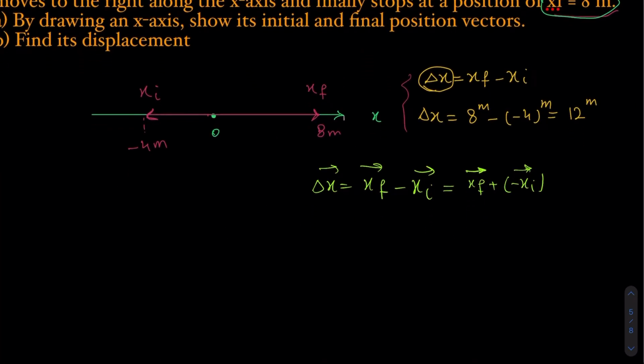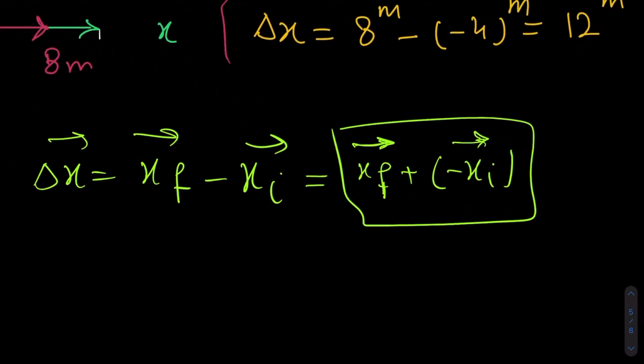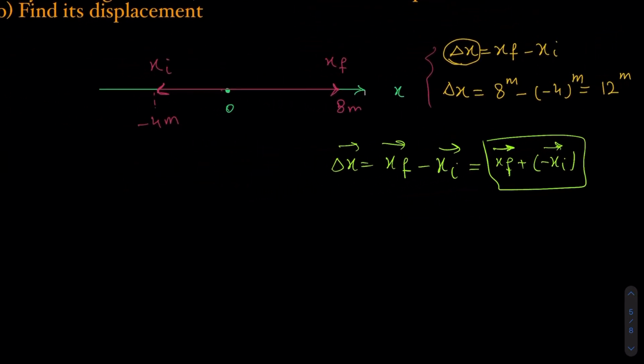Now I am dealing with two vectors here, the final position vector and the initial position vector. But I need to make a change in the initial position: I need to multiply it by minus. So I have this vector, which is my initial position, but I multiply it by a negative sign and the direction will change.